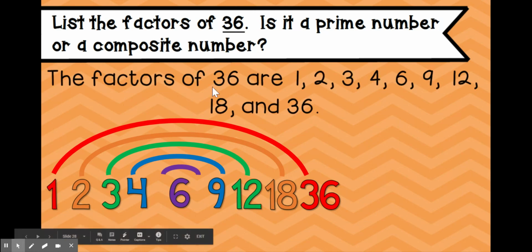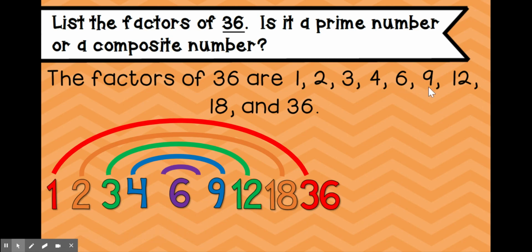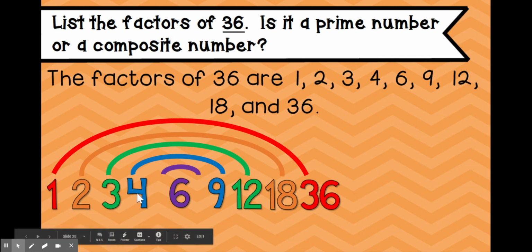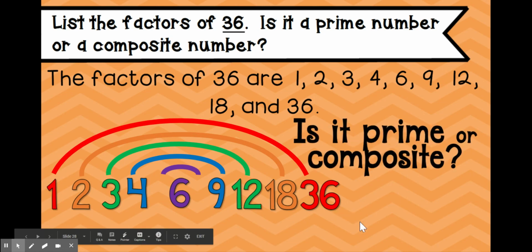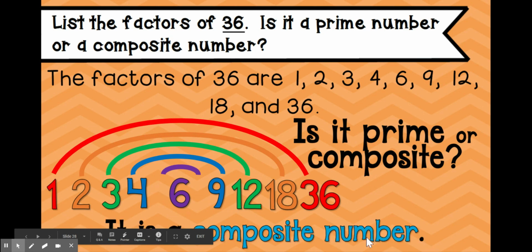So the factors of 36 are 1, 2, 3, 4, 6, 9, 12, 18, and 36. So 36 has 9 factors. So is it prime or composite? It is a composite number because it has more than 2 factors.